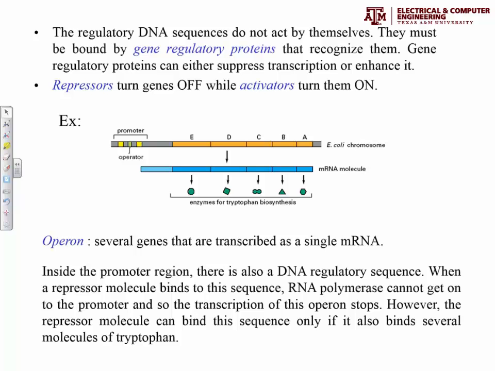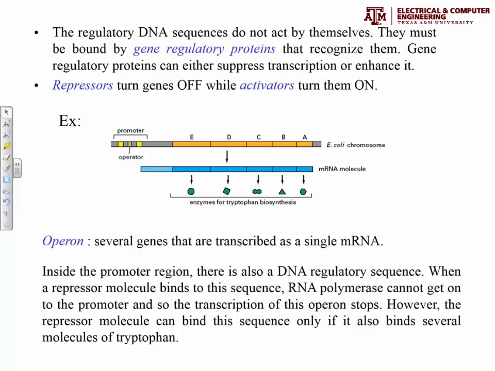This operon is very similar to what I referred to last time as the lactose operon, or the lac operon. Remember, I said that in response to the needs of the moment, E. coli can switch from not producing the enzyme that is needed to metabolize lactose to producing it. It's the same kind of thing happening here.